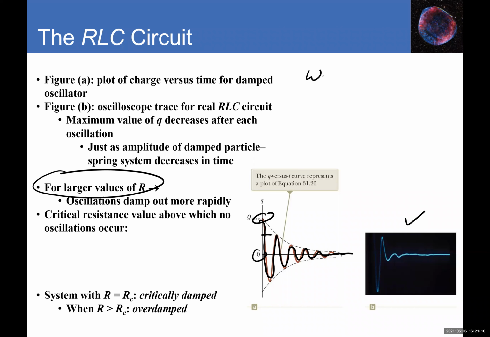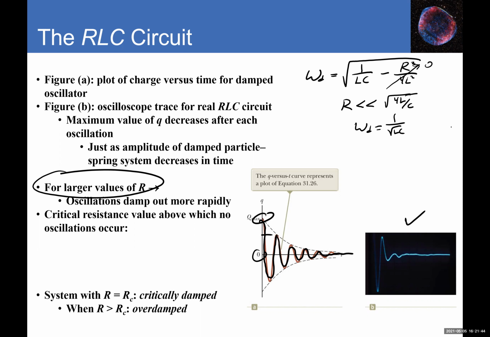So this omega d, which was equal to the square root of 1 over LC minus R squared over 4L squared. Now, when R is much less than the square root of 4L over C, this part is nearly 0, and omega d is pretty much 1 over the square root of LC.